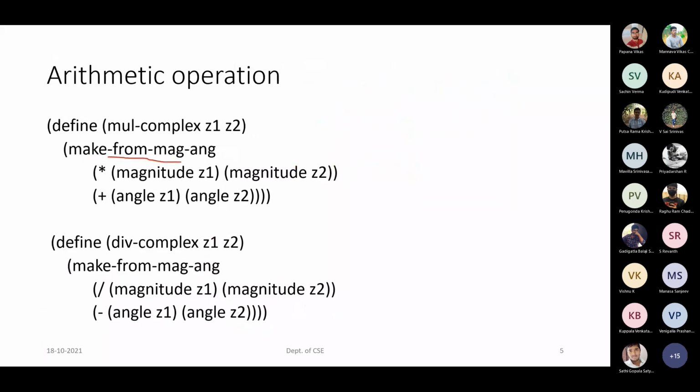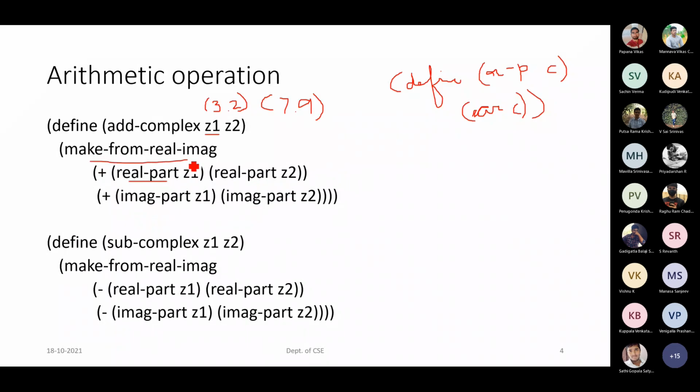Selectors in the sense that when you are doing multiply complex number, we are extracting a portion of your complex number. That's why we call them selectors. Whereas make from magnitude angle and make from real imaginary are constructors, because you are once again constructing back the complex number.